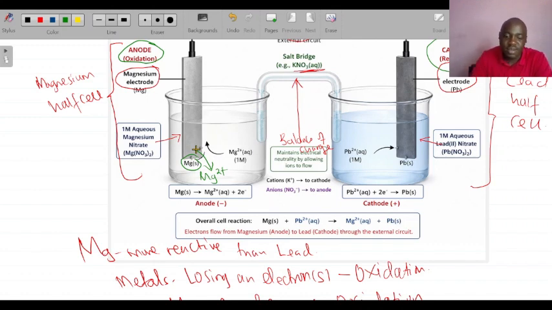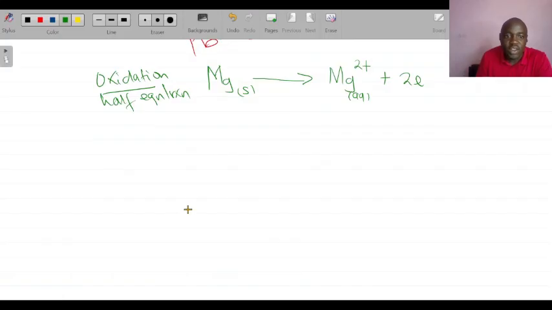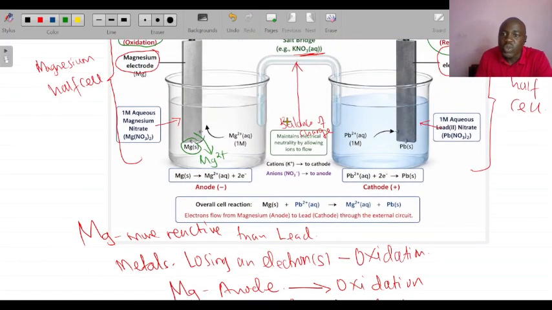On the other hand, we can also have what we call the reduction half equation. We shall start with lead ions. As you can see, the lead ions are in the solution, so they are going to be attached on our electrodes. By doing that, we are going to have some deposition.